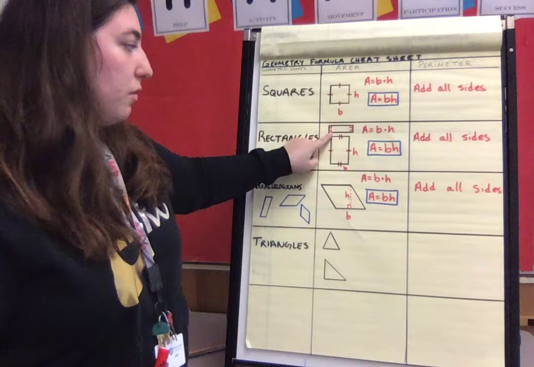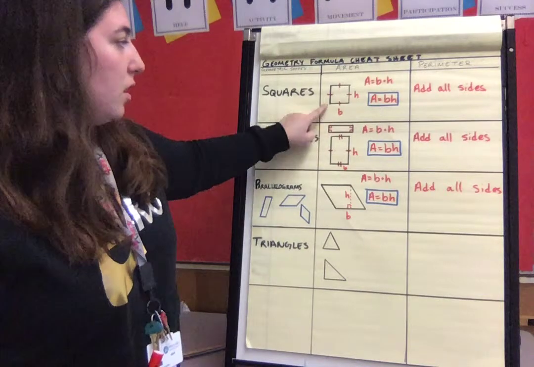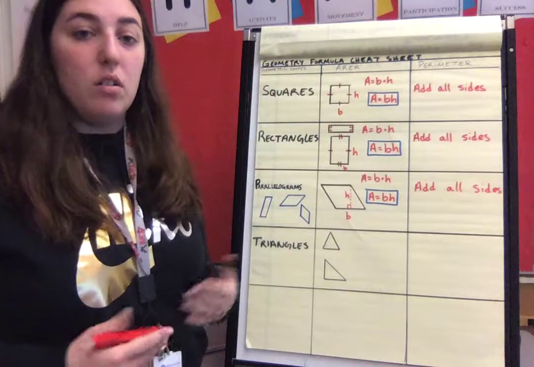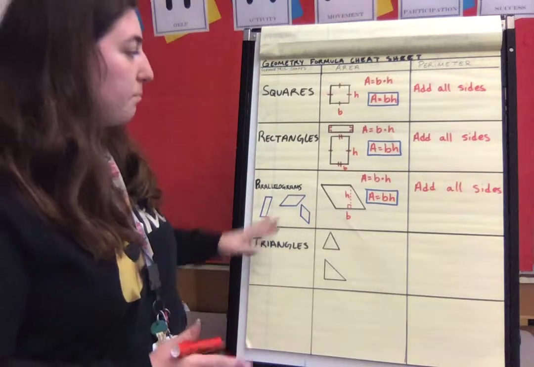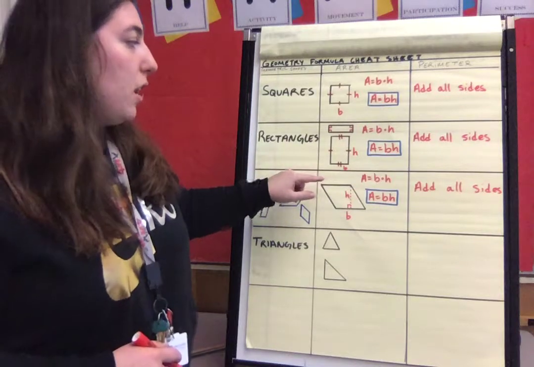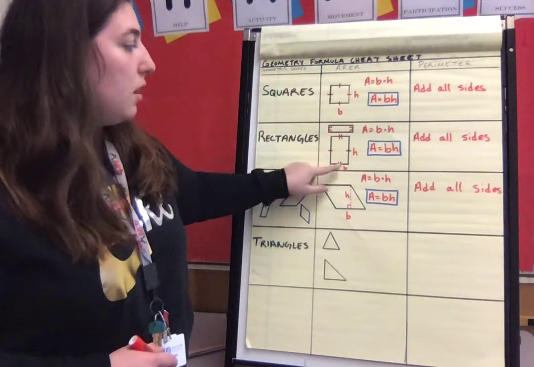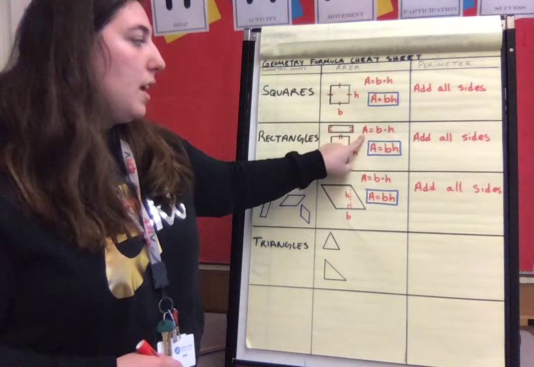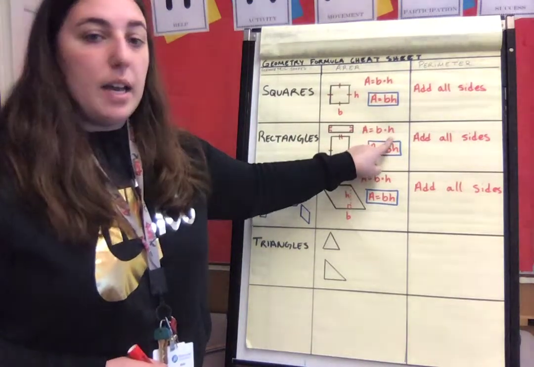So anytime you see this, squares and rectangles always have a 90-degree angle in the corner. The area of a rectangle we find by multiplying the base times the height. Same with a square, so our formula is the same. Area equals base times height.